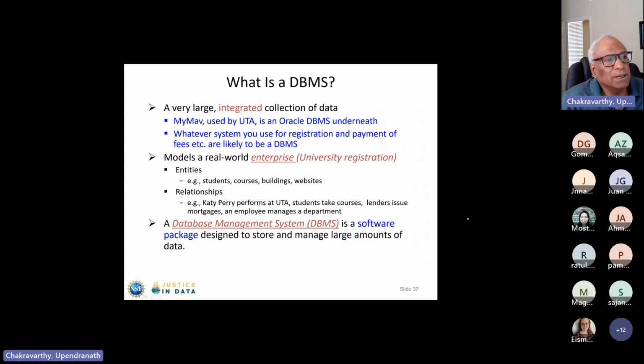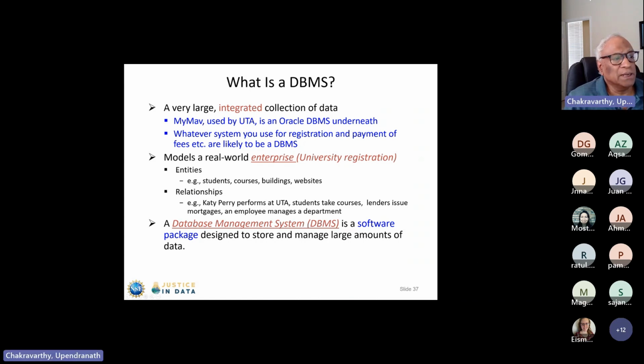So what is a DBMS? Briefly, it's a very large integrated, that's important, collection of data. Just to give you an understanding, for those of you at UTA, you use MyMail all the time for registration. There is a DBMS underneath. You don't see it. You use a web GUI for that, but what we have underneath is an Oracle DBMS. Whatever system you use for registration and payment of fees likely will have it.